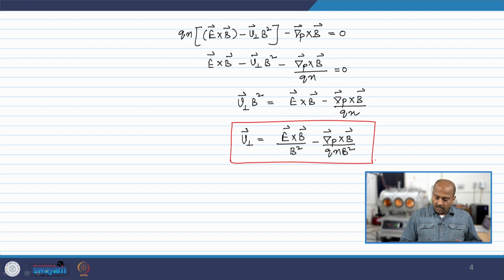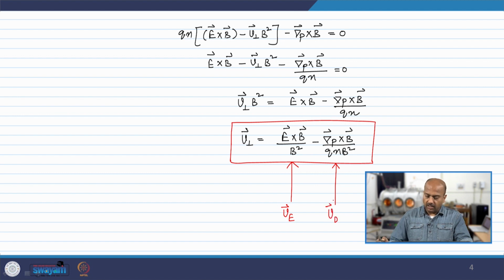Now, looking at this expression, what we can understand is the first term which appears on the right hand side is nothing but v e, which is the E cross B drift velocity, and this other term that appears, let us call it v d.